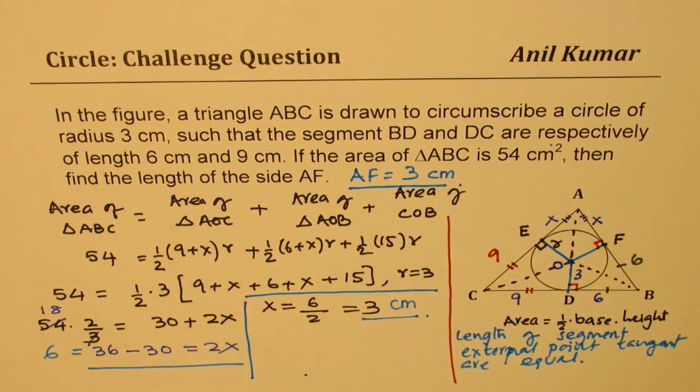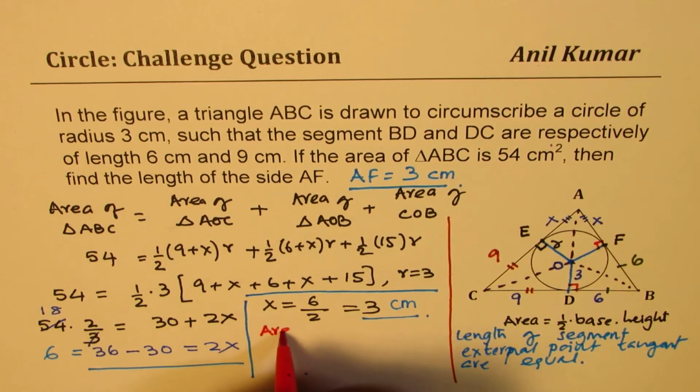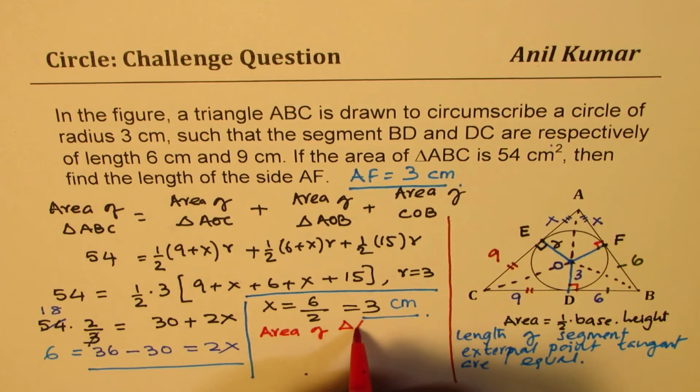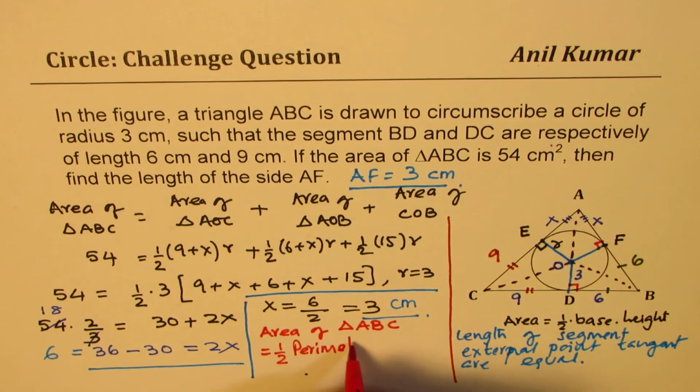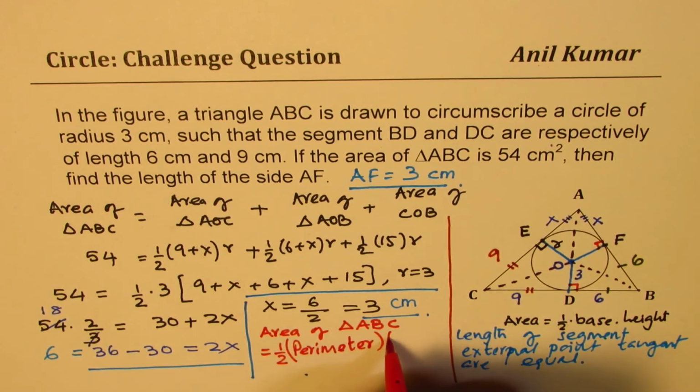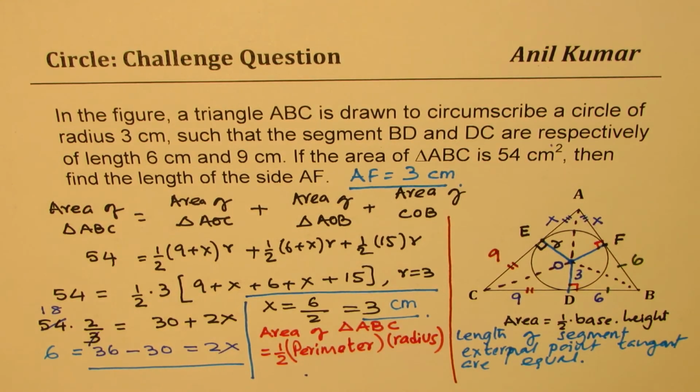Perfect. That is how you can easily solve this question. From here, you also get a recap of the formula we derived: area of triangle ABC equals half of the perimeter times the radius. This is a very important formula which you can always use when working with a triangle and an inscribed circle with a given radius.